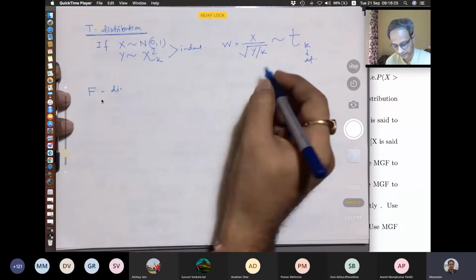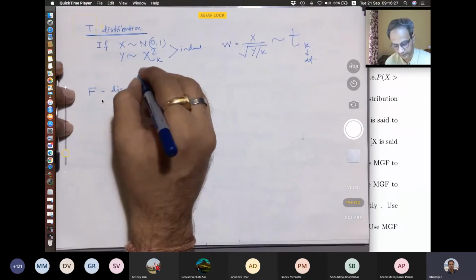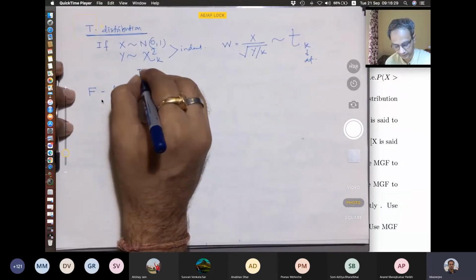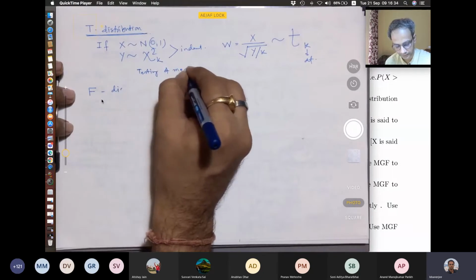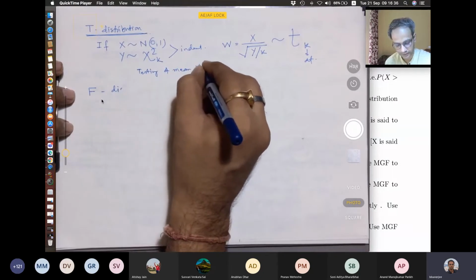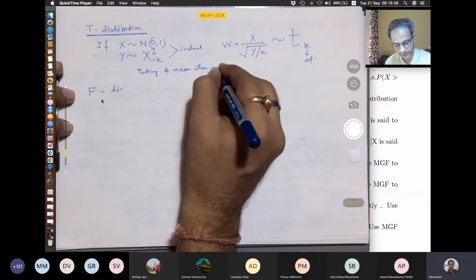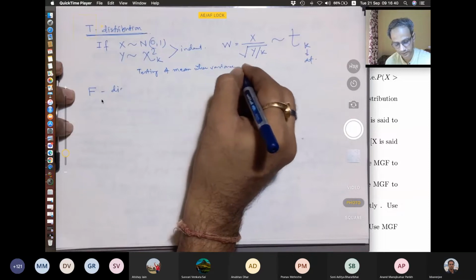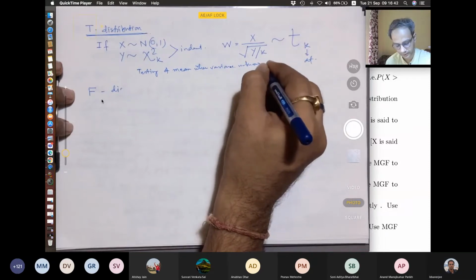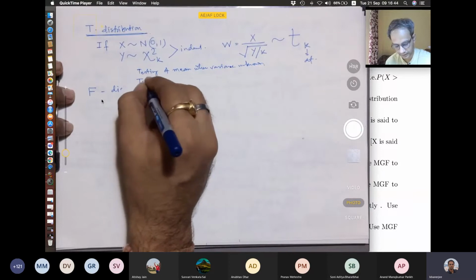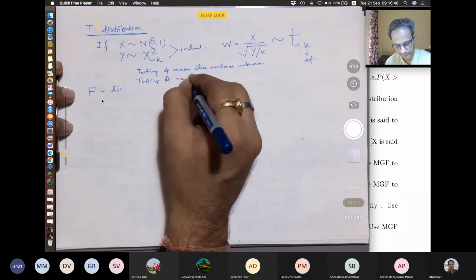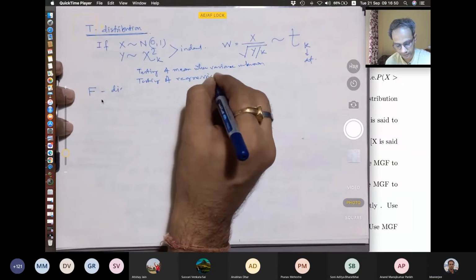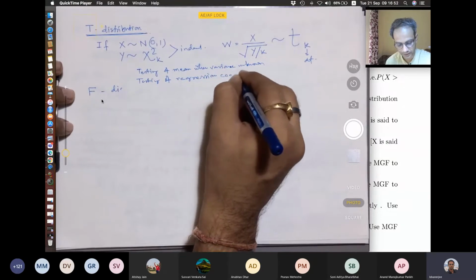The applications will be testing of mean when variance is unknown, and then testing of regression coefficients.